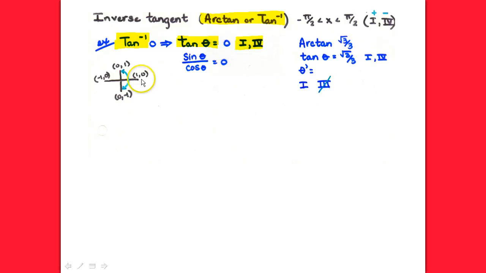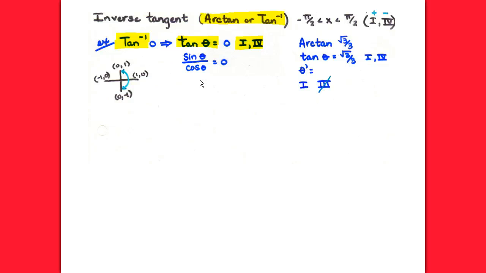Well, it has to be coming from those angles that are the divisors of my quadrants. So those quadrant angles that divide, like fourth quadrant and first quadrant, so the 1, 0, 0, 1, negative 1, 0, and 0, negative 1, that are at 0, pi over 2, pi, 3 pi over 2, and 2 pi. So I'm looking where sine over cosine, because that's what tangent equals, I'm looking for where sine over cosine equals 0.